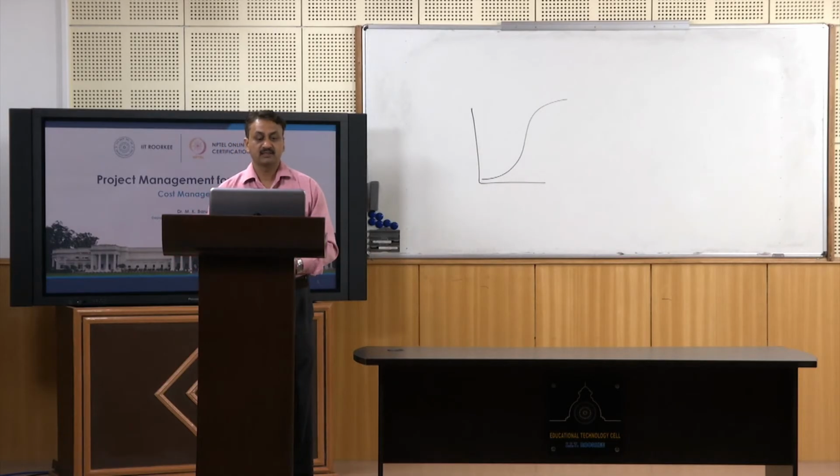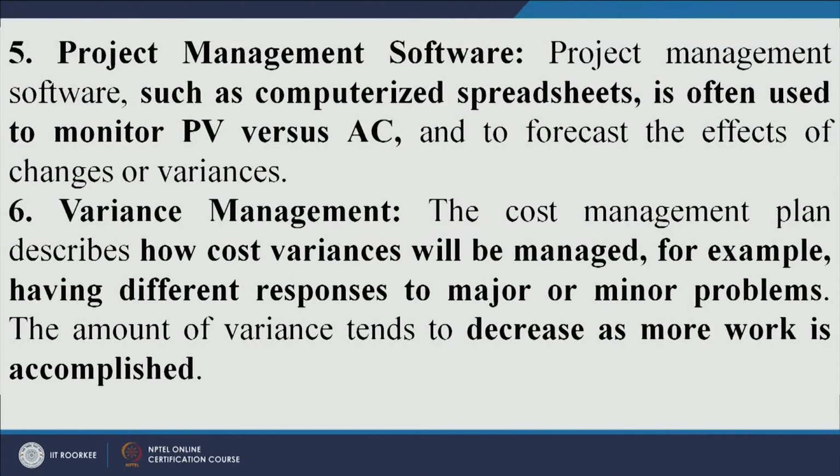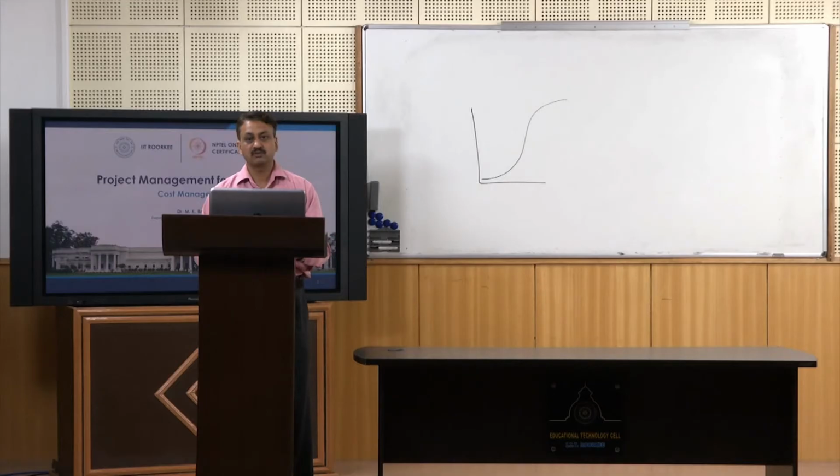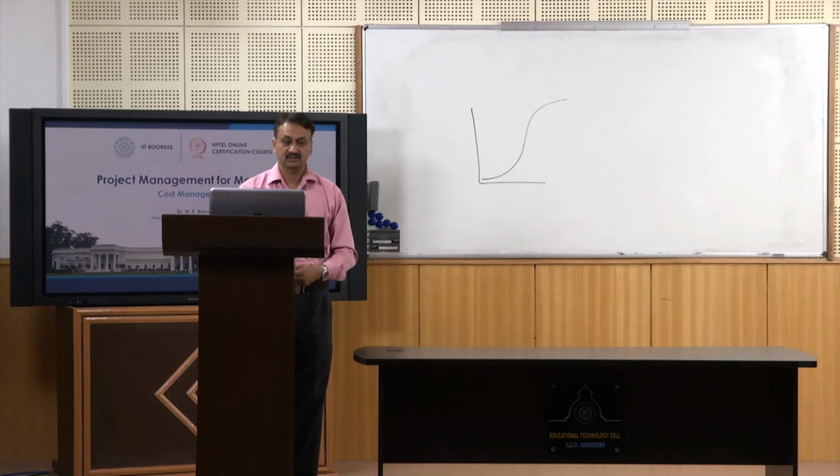Then variance management: you need to know where there is variance in terms of cost and in terms of time, and you need to manage those variances and try to minimize them. If you minimize those variances, it means you are moving in the right direction.